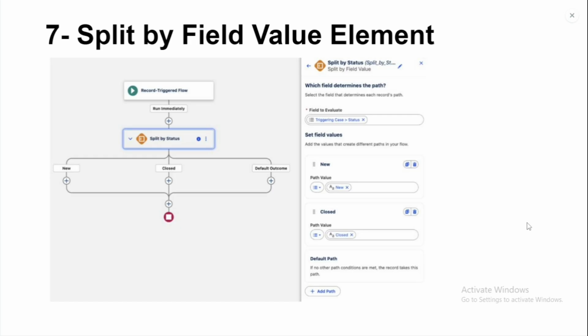That is, we can now use the split by field value element. In the Flow Builder elements section, we now have the split by field value element.